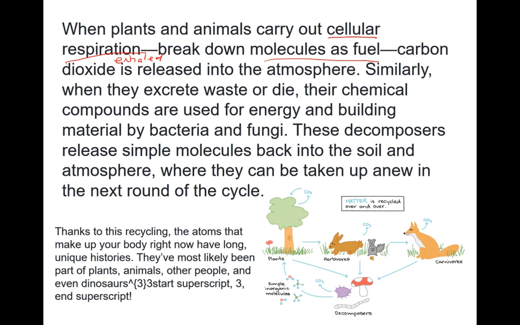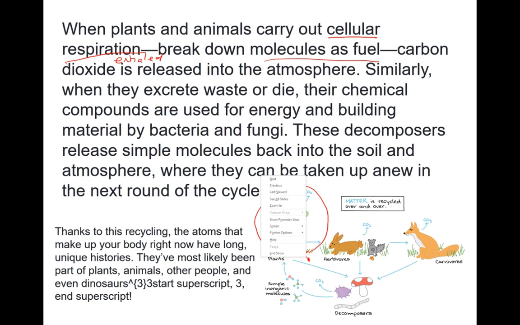Similarly, when they excrete waste or die, their chemical compounds are used for energy and building materials by bacteria and fungi. These decomposers release simple molecules back into the soil and atmosphere where they can be taken up anew in the next round of the cycle. So we're talking about not just things. We're talking about when a tree dies, its waste or its cells are going to get recycled back into the soil.